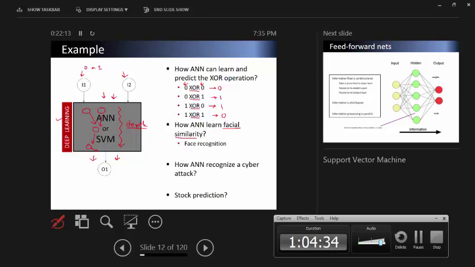According to that, we have a bunch of already known terrorist faces. So we train our neural network with the complete set of the terrorists.